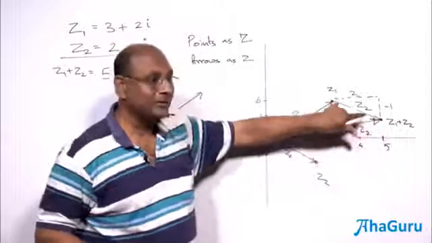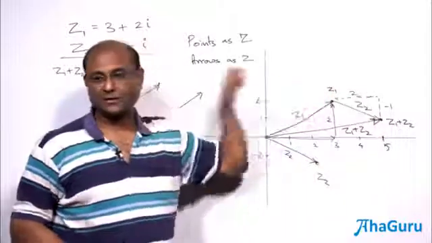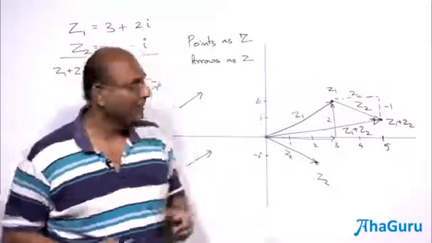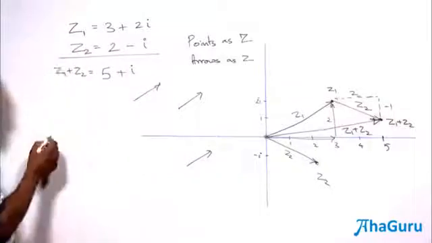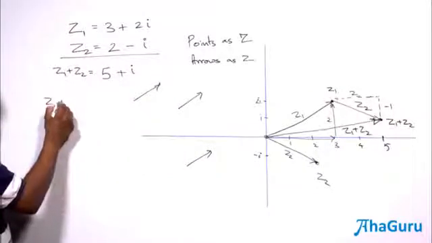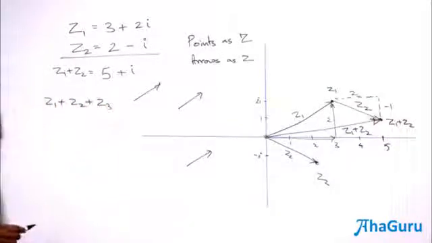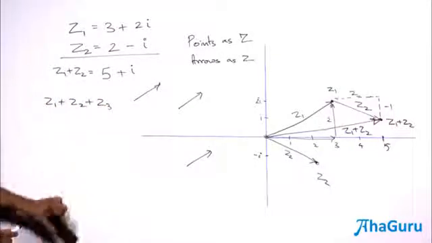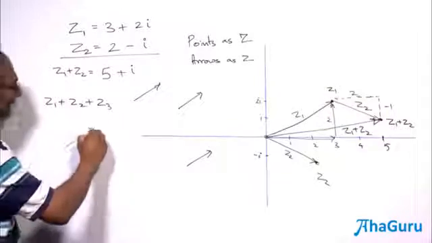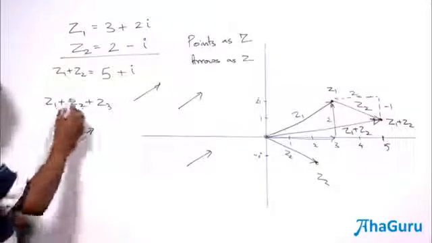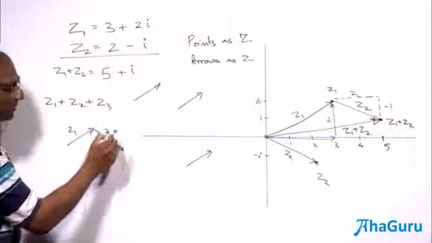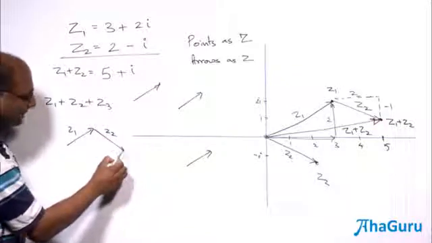Because the Z2 arrow does not start at the origin. It starts somewhere else. Okay. So what is addition? For addition, it's a very simple thing. Suppose I want to do Z1 plus Z2 plus Z3. You have a very simple way to think about addition. First, you start by saying, let us draw arrow Z1. Let us draw arrow Z2. Let us draw arrow Z3.